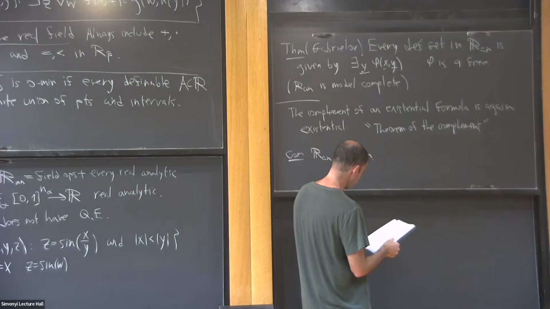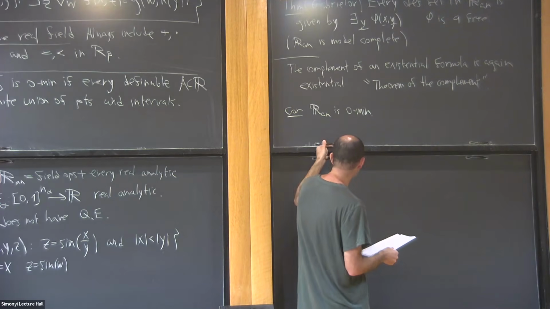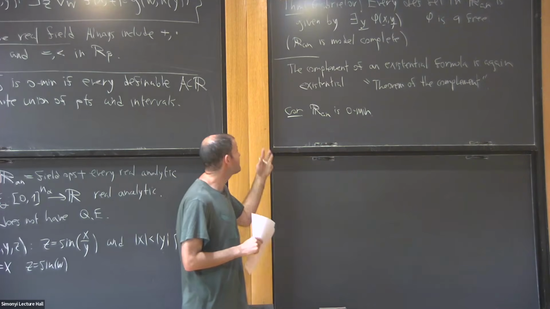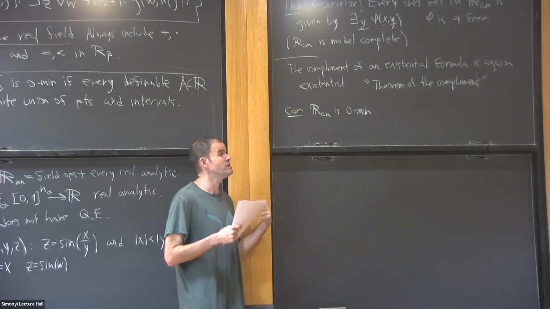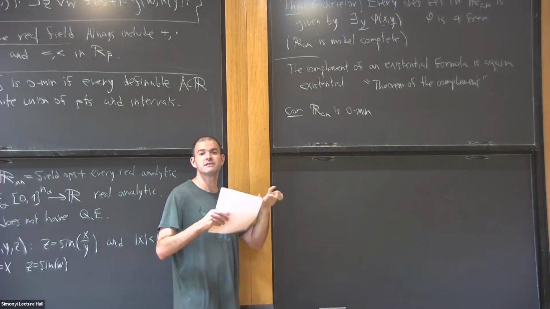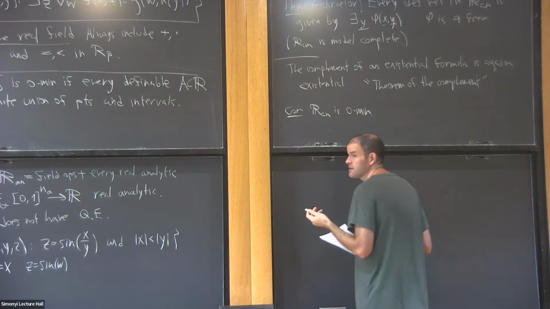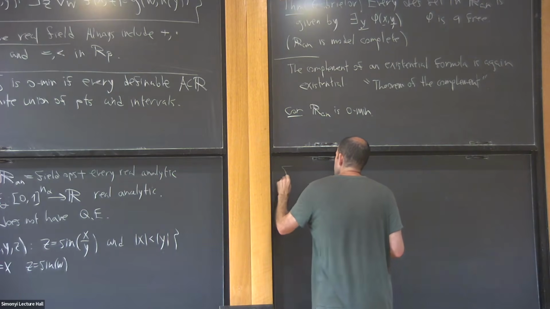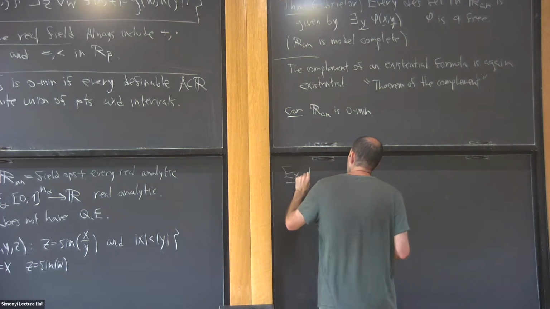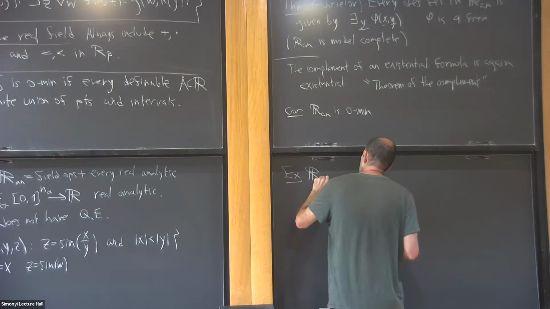So I guess the first case where a new structure was constructed beyond this standard analytic thing is the work of Wilkie on the exponential. Okay, so this is maybe my third example, R_exp.